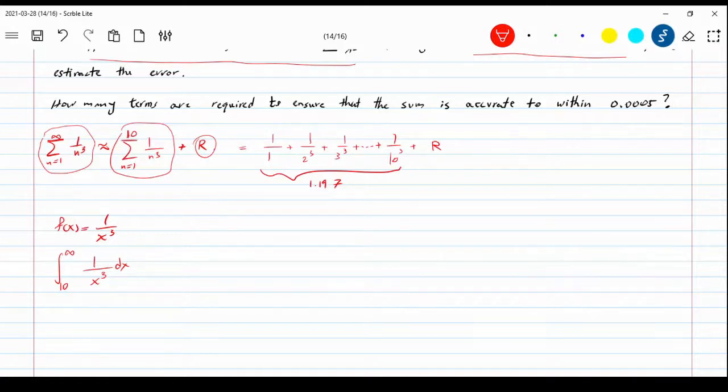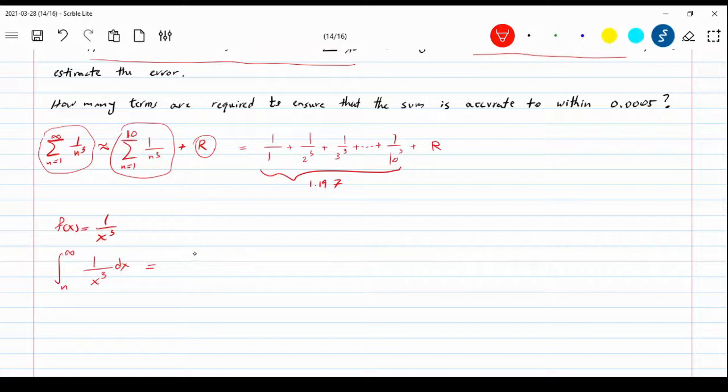Normally, since we assume that we stop at n, let's not do 10, let's take n, to see whether this is an overestimate or underestimate by picking n to be 11 or 10. So let's calculate this integral.